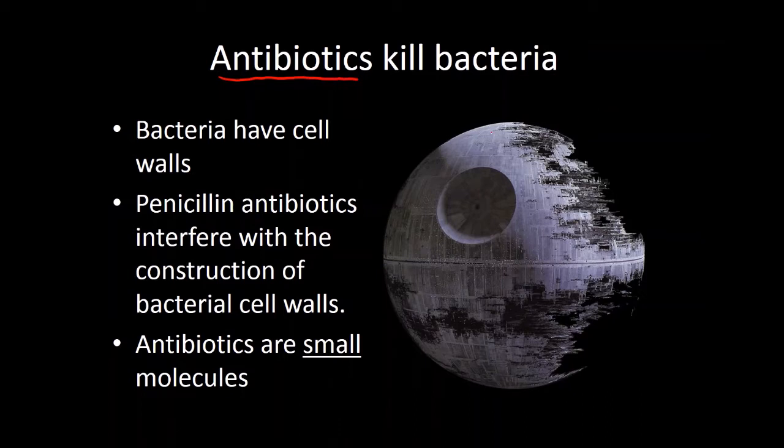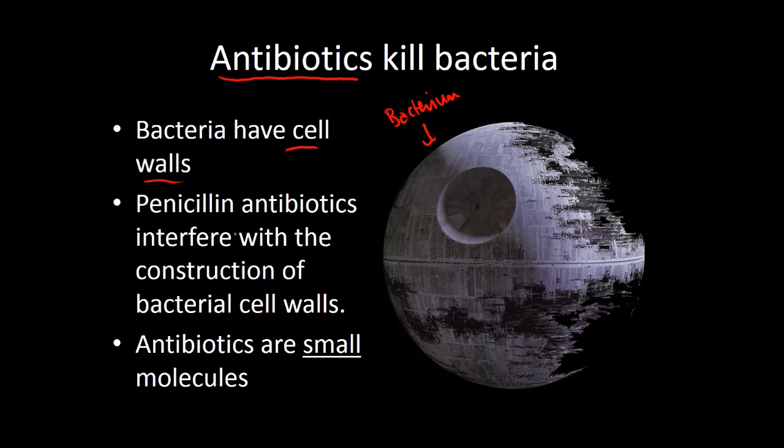So here, if the Death Star itself is the bacterium, you can see in this case we have a bacterium that's not completed its outer defenses. So the idea of a cell wall is a kind of a protective layer on the outside of bacteria. And if the bacteria's cell wall is incomplete, then they're much easier to kill.